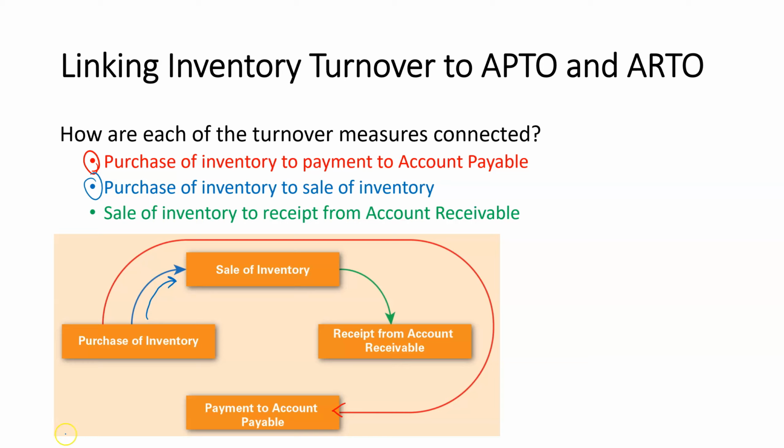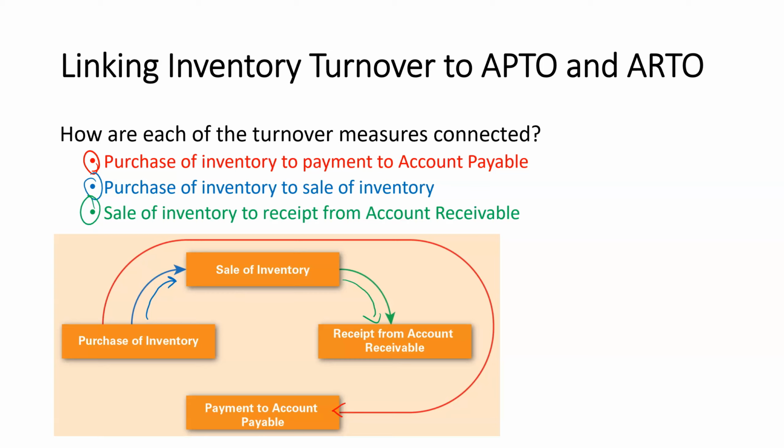So this then connects us to our last part in green, which is when we make the sale of inventory, sometimes we do that on credit, and that then means that we have accounts receivable, and we will eventually receive cash from them for that sale. So we can see that inventory account, accounts receivable account, and accounts payable account are all connected.